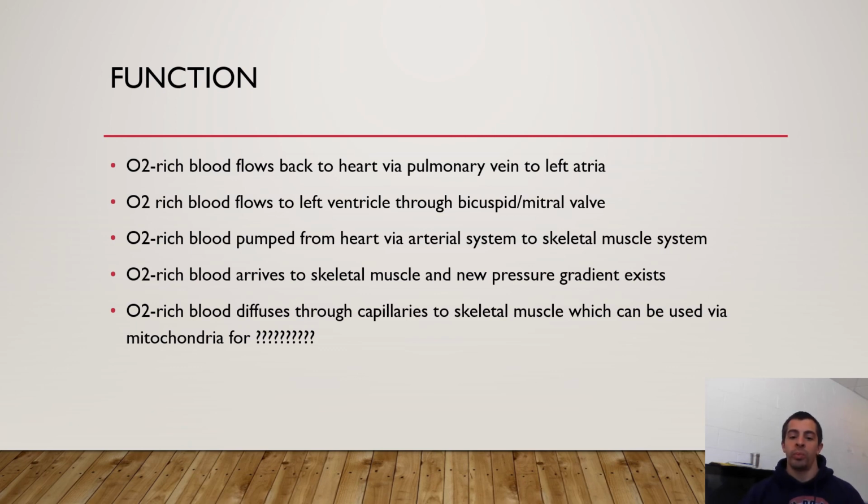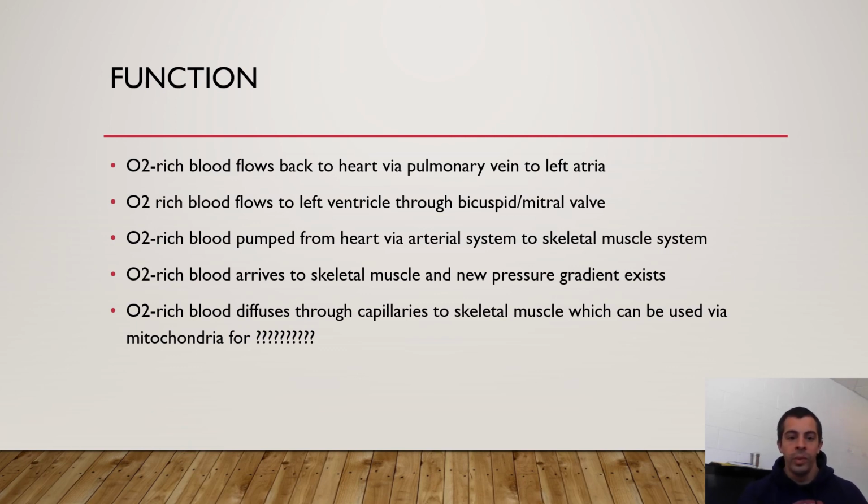Once this O2 rich blood enters the skeletal system, it can start to diffuse through the capillaries to enter our skeletal muscle. Once it enters skeletal muscle, it can be used via the mitochondria for what? Bring it all back to last week, beta oxidation, or some forms of glycolysis. We need O2 for some forms of bioenergetics.